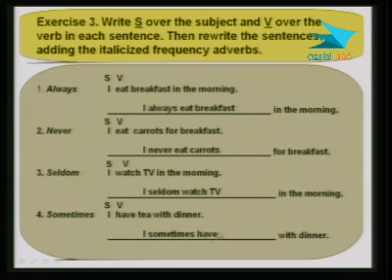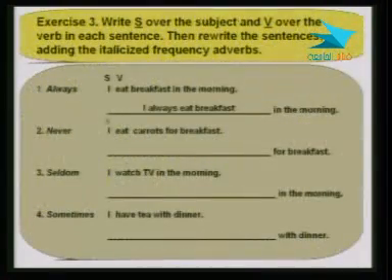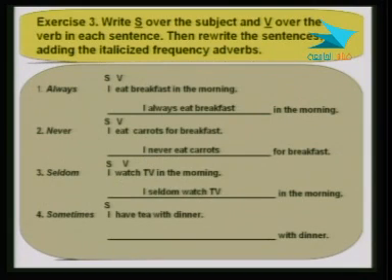We need the word tea here, of course, right? The word tea must be placed here as T-E-A, to complete that sentence. All right, so I have tea with dinner. I sometimes have tea with dinner.